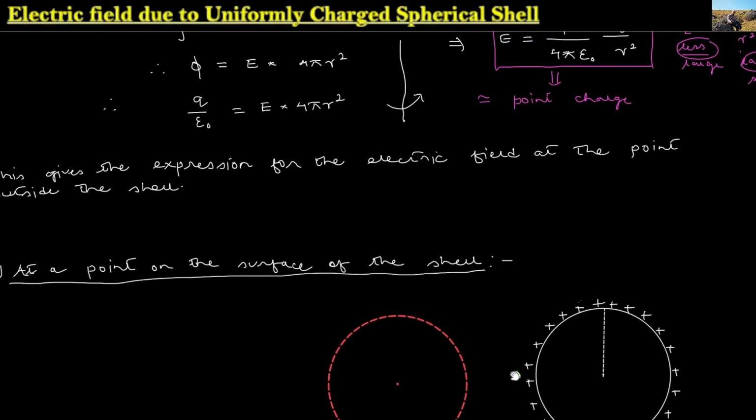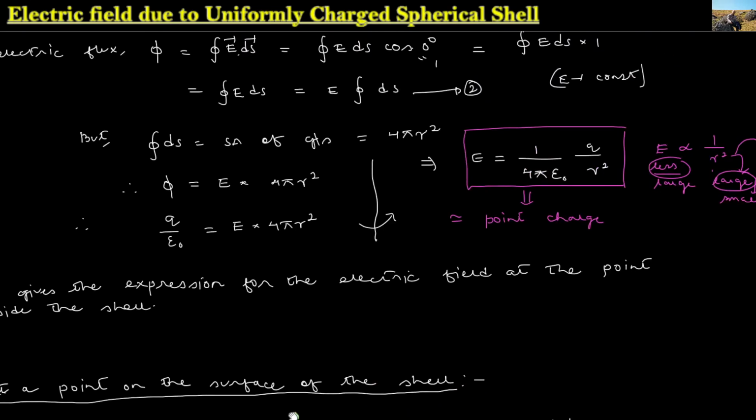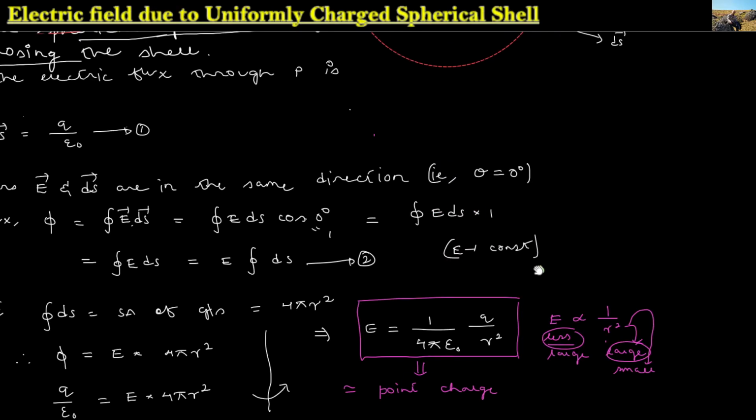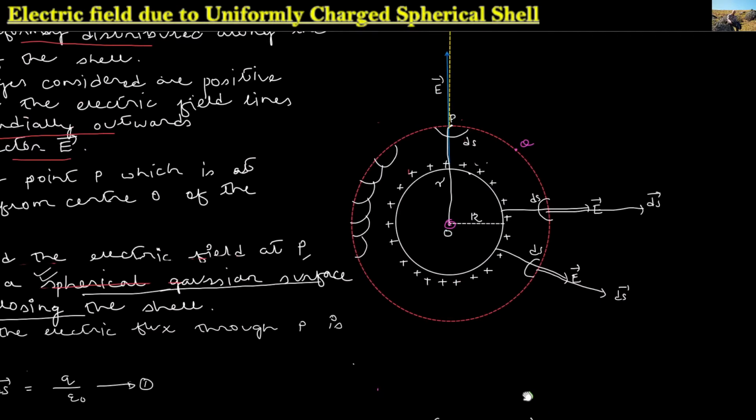Then next, let us take a point which is on the surface. So this is the point which is outside. If I assume another point here, this will be the point which is on the surface.